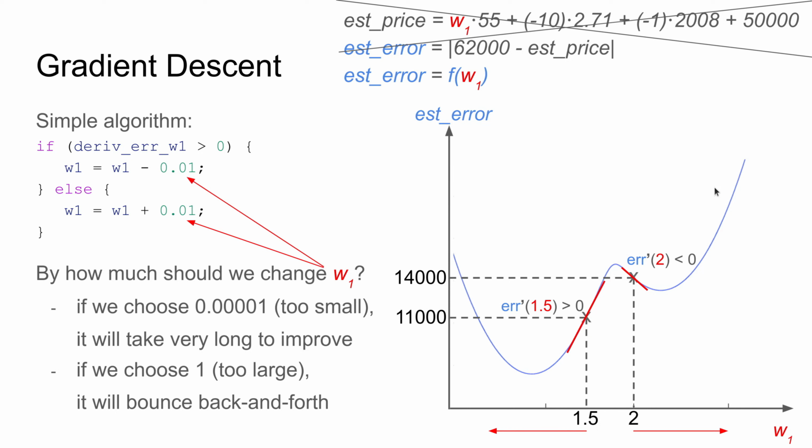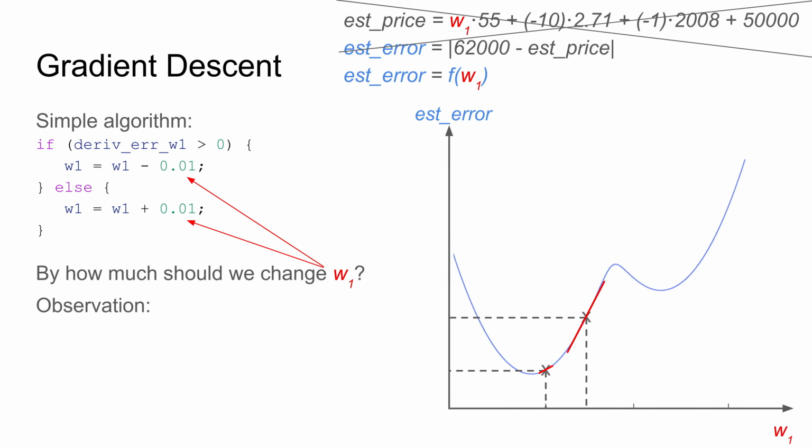So in here, we want a balance. We don't want it to be too small, neither too big. In general, you'll see that you will try different values and see which one works. But before that, there is an observation.